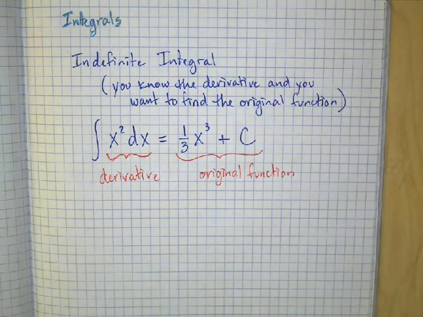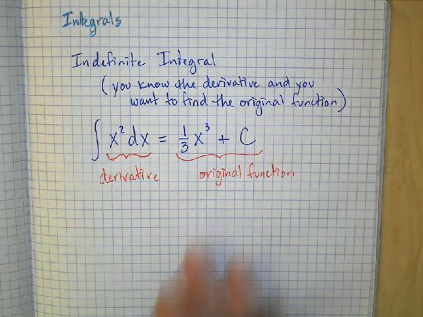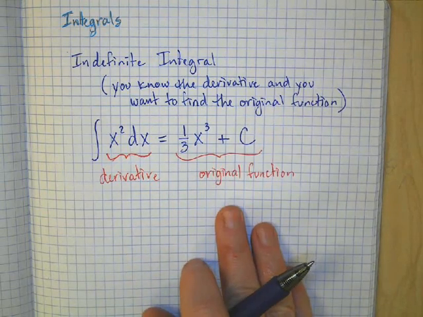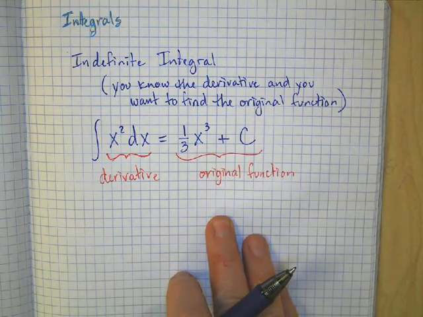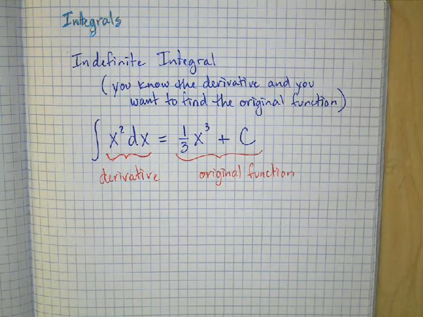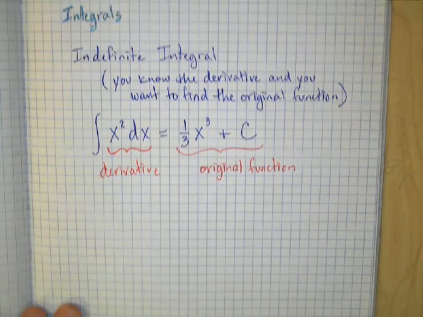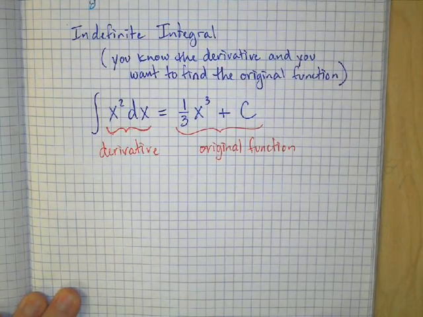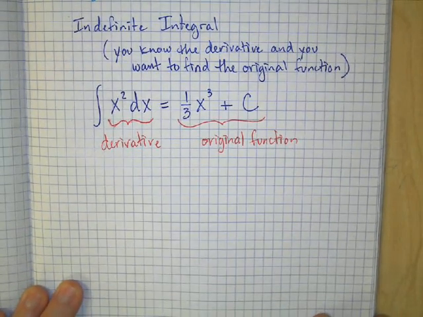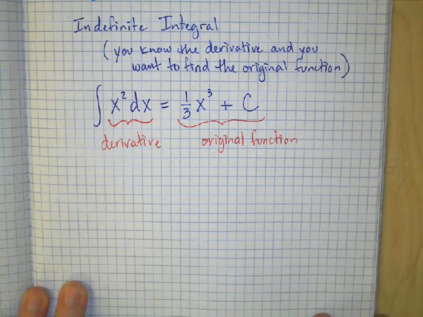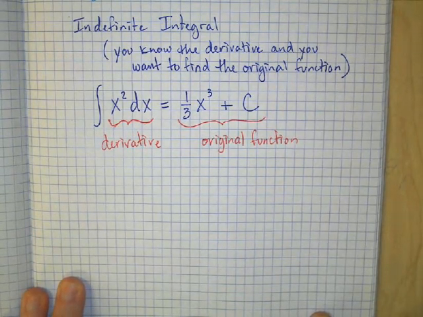Okay, when we want to find the area under the curve, we don't actually care about what exactly the original function was, because that's not what's happening here. When we have the area under the curve, we have the function that we want to find the area underneath, and we're just trying to figure out what the area is. We're trying to figure out the sum of all the rectangles that get put together to get the area.